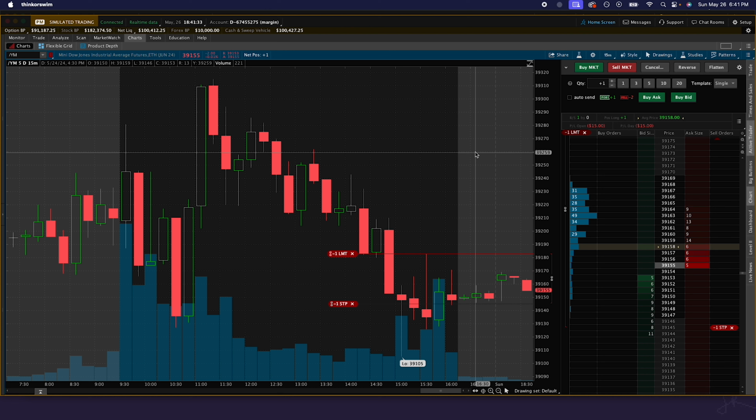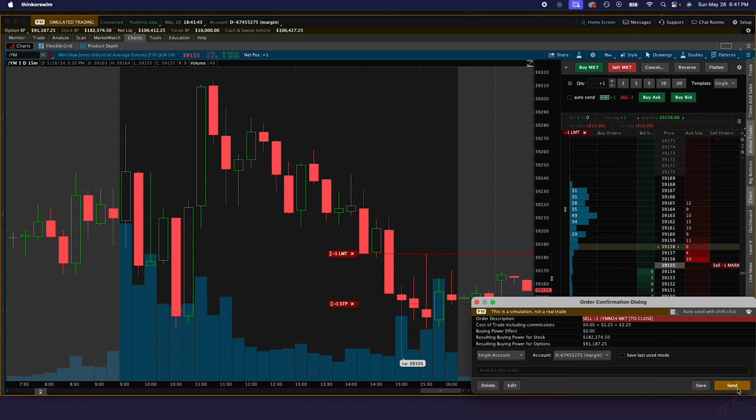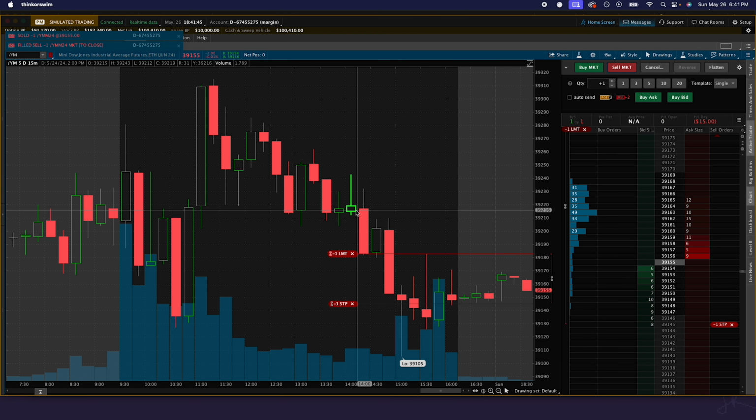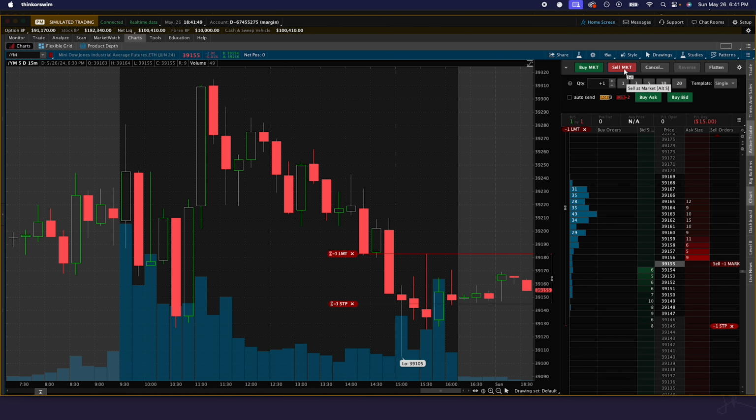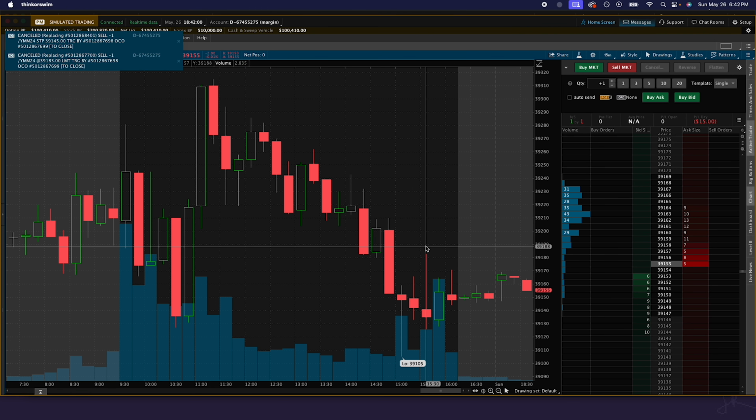Now, keep in mind, let me actually test something since I haven't used this like this. I'm long, so let's go short, let's sell 1. Something to keep in mind, as we just saw here, I sold market to get out of that trade, but my bracket orders are still there. So make sure to flatten if you want to cancel everything.